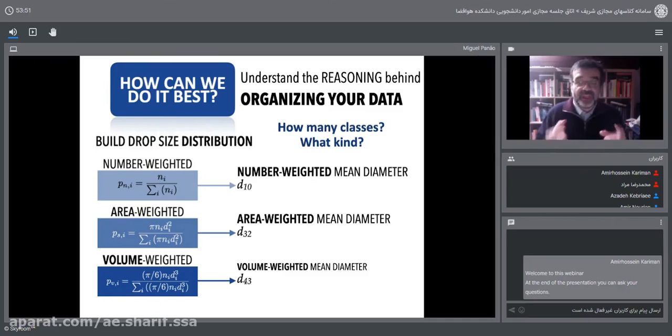And the vaporization is a physical phenomenon occurring at the area of the droplet, right? So obviously, from the physics point of view, it's the most appropriate mean diameter. And in fact, it's the one which produces the best correlations because it's grounded on the physical phenomena of heat transfer occurring at the surface of the droplet.